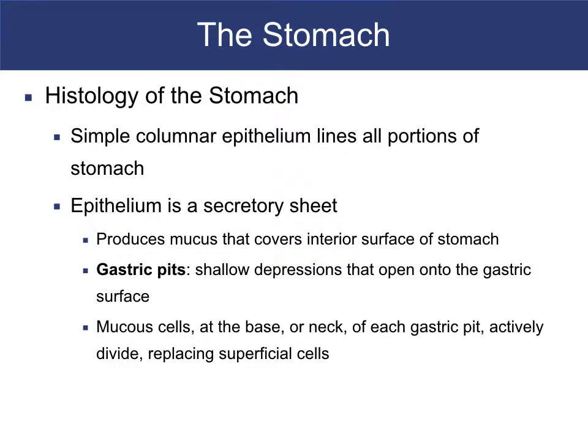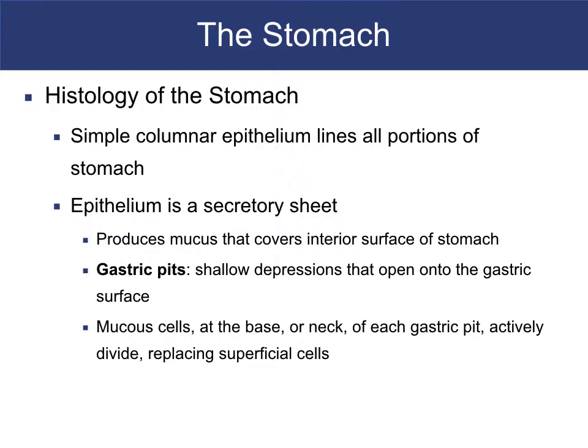The epithelium of the stomach is really just covered with this secretory sheet of mucus that covers the interior surface of the stomach. Within the stomach, things you can see microscopically include the gastric pits, which are little shallow depressions that open onto the gastric surface.